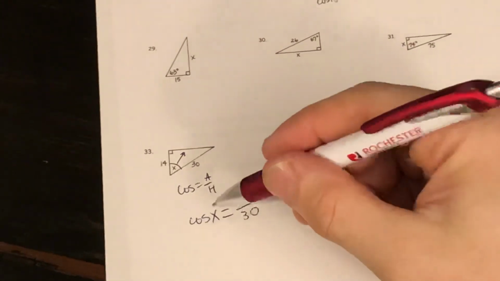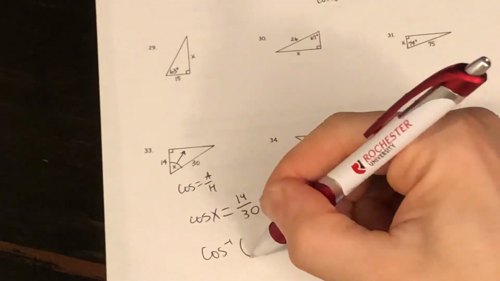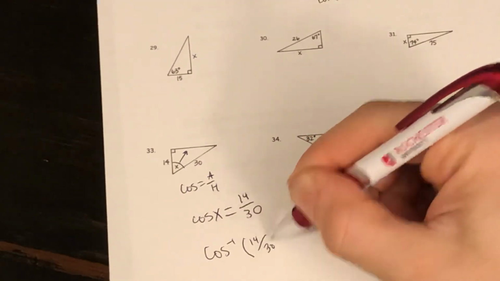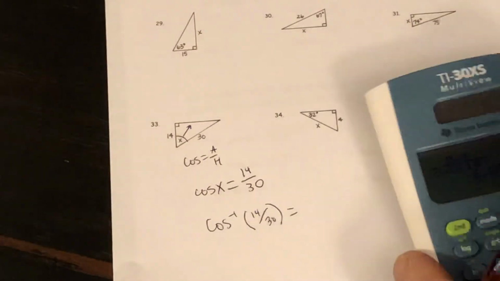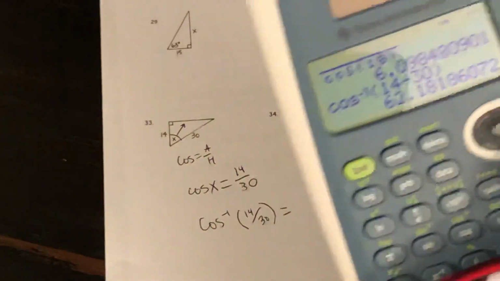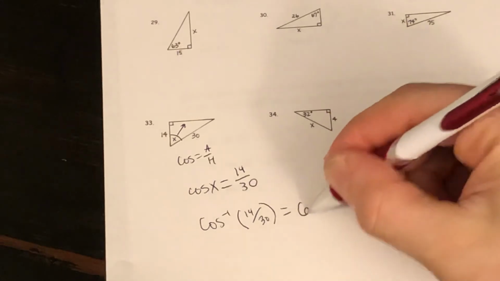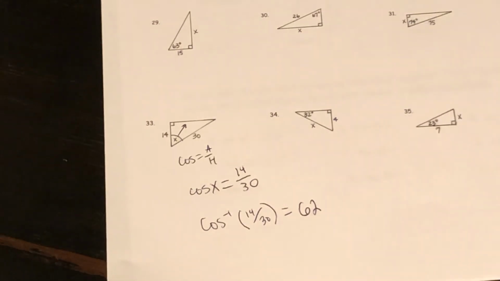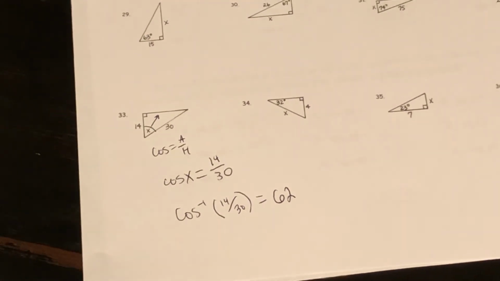Now in this case, when we want to find the angle, what we have to do is take cosine -1 of the ratio. So we're going to go second cosine 14 divided by 30, and we get a value of 62.18. So we're going to round to the nearest whole number for angles and the nearest tenth for sides. So hopefully that makes sense for you guys on solving these.